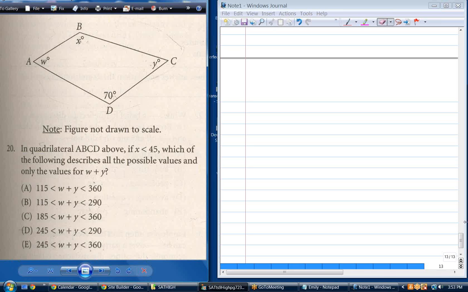I'll let you think about it for a minute or two before I pipe in. I think it's A. No. What are the constraints on B plus D, angle B plus angle D?